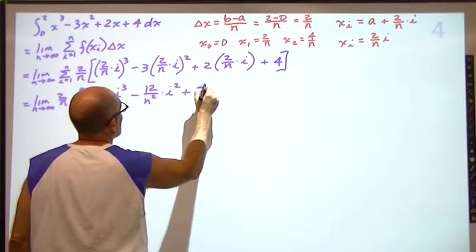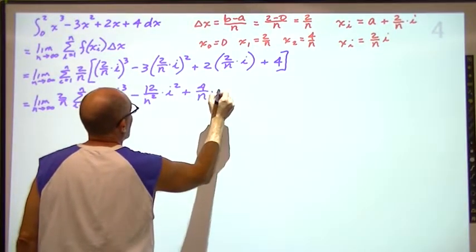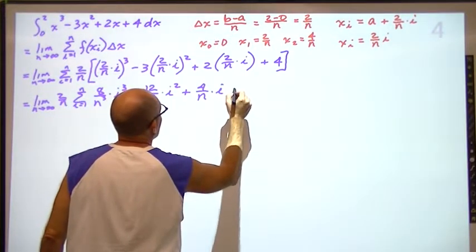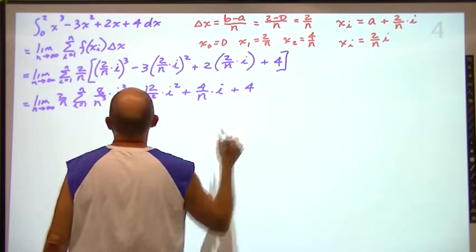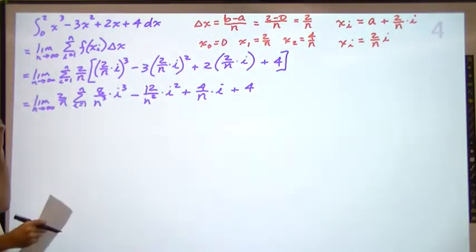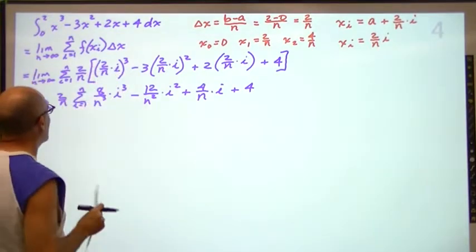Now we have 4 over n times i, and here we have plus 4. Okay, now, like I said, the goal is to get the n's over to the other side.